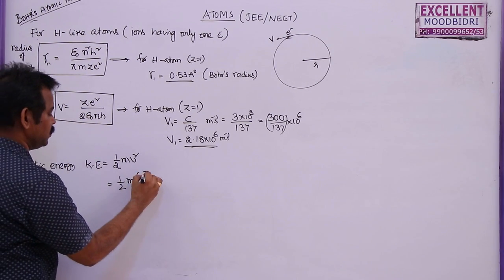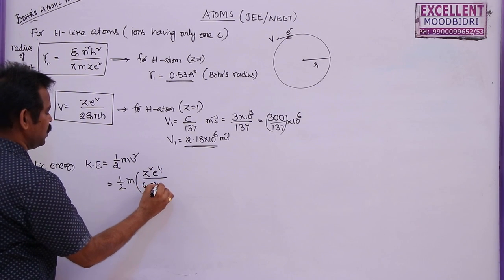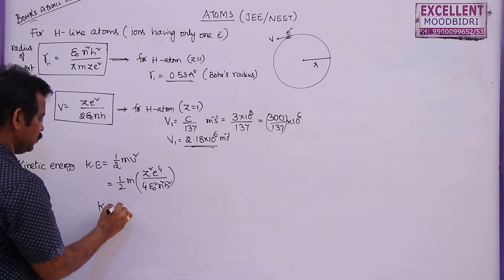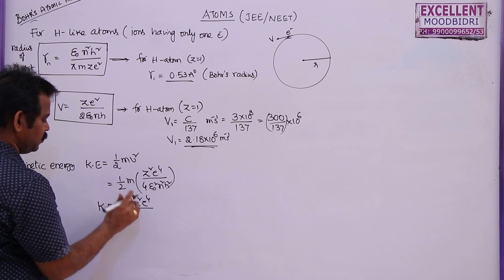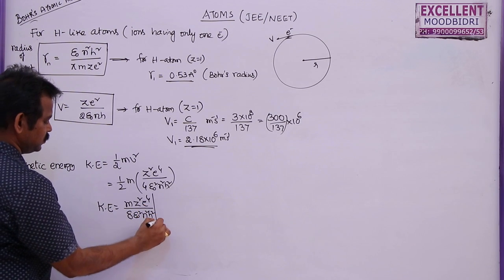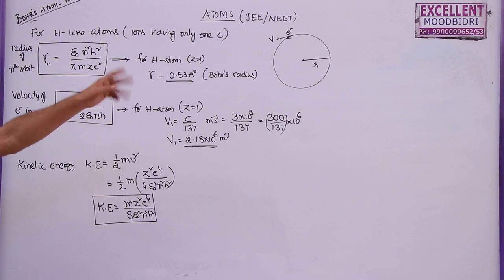Squaring this, you will get Z square e power 4 by 4 epsilon naught square n square h square. So the kinetic energy is given by m Z square e power 4 by 8 epsilon naught square n square h square. So this is the kinetic energy of the electron that is revolving in that orbit.